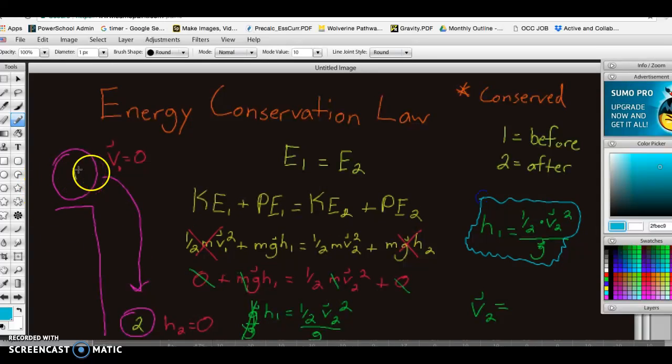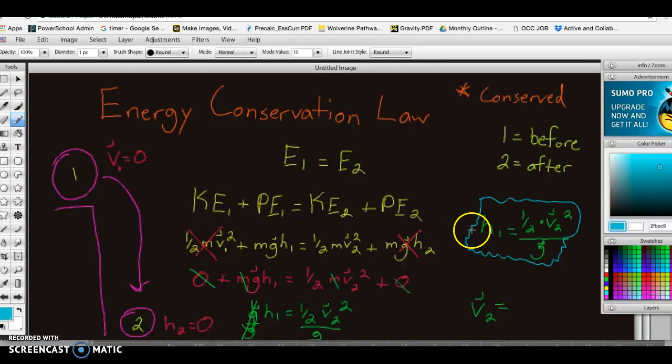Okay? So when this object fell here, it came with some type of velocity. If I know the velocity after and the gravitational pull, which is given, I can figure out how high it was. That's the power of this law. This law says that if I know how fast something fell, I can figure out how high it was.